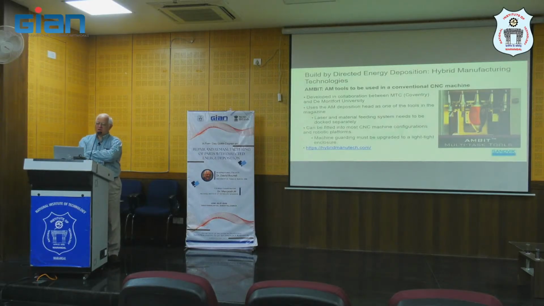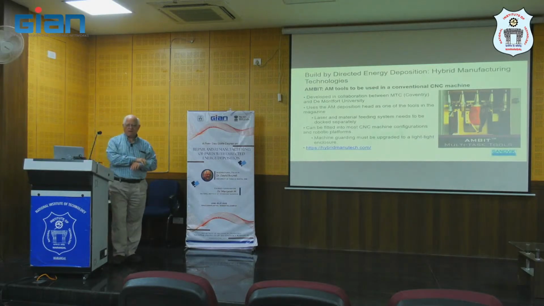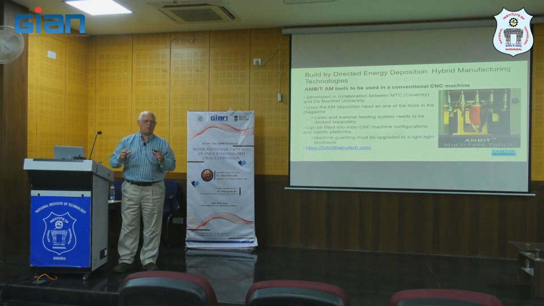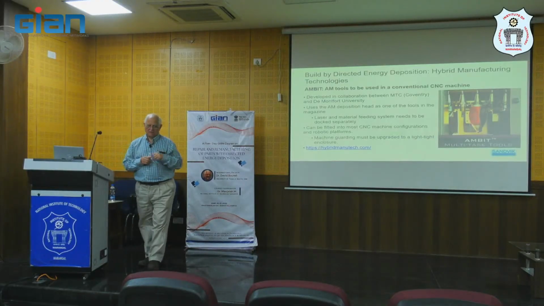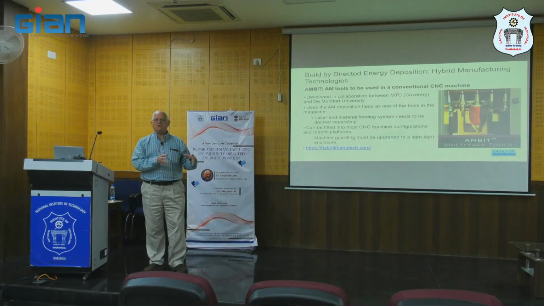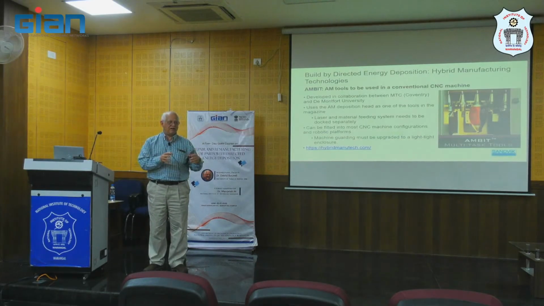Here's another one. This is directed energy deposition, the so-called Ambit method, one of a variation of hybrid manufacturing processes. Generally, what I've observed with hybrid is that there are really three different variations. One is we take an additive manufacturing machine and modify it to do the subtractive, or, as has been the case in the examples I've shown so far, a machining company takes a machining machine and adds capability for doing additive.